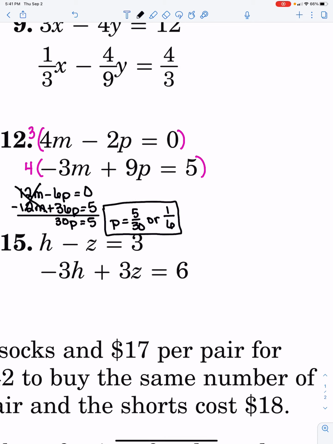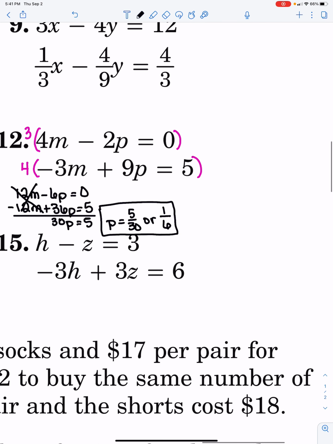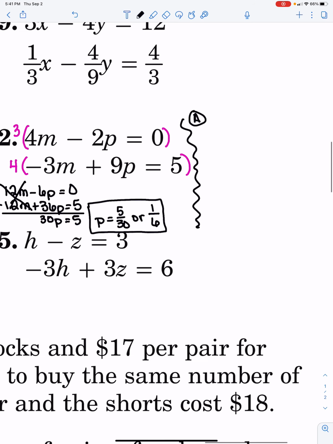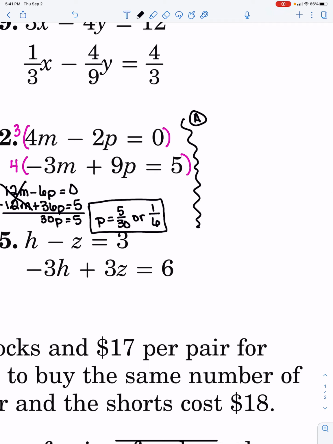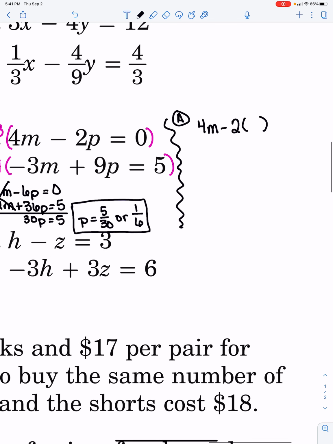Okay. Now, I'm going to take 1 over 6 and put it into either equation A or B. Just looking at it, I might not want to start with the negative 3, so I'm going to go ahead and go with A. Either way, I'll be getting the same answer. I don't know if it'll be less work at this point or not, but I'm going to go with A. So I have 4m minus 2 times the value of p is equal to 0.